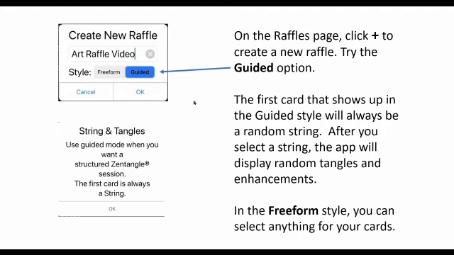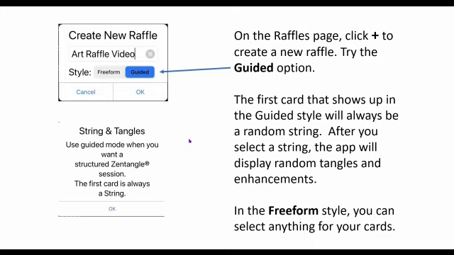When you start a new raffle, there are two ways that you can do it, free form and guided. I want to encourage you to at least try the guided option. In guided mode, when you want a structured Zentangle session, the first card that it always brings up is a string. Of course, you can use the free form style to pick your tangles.